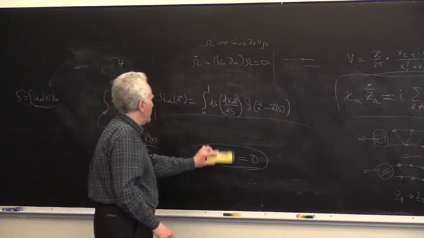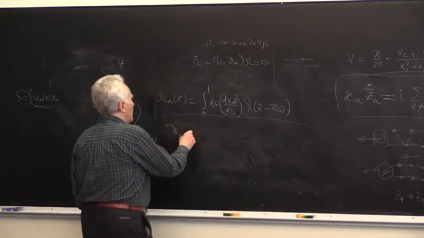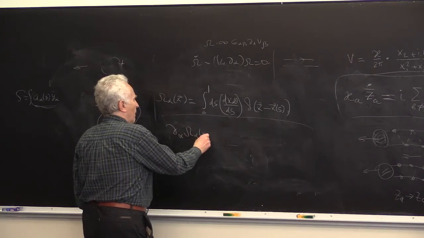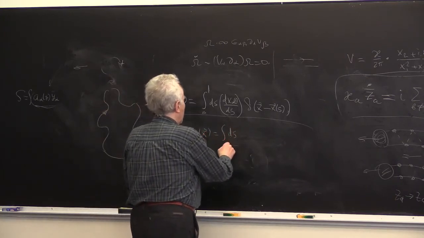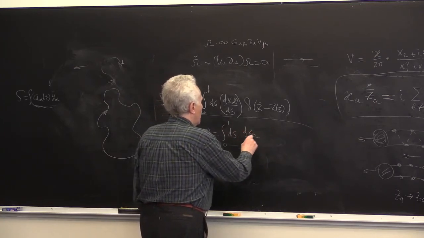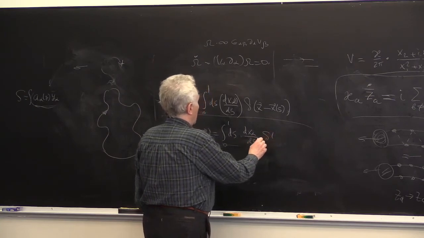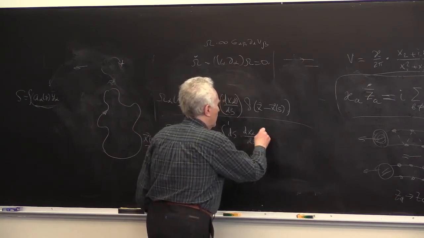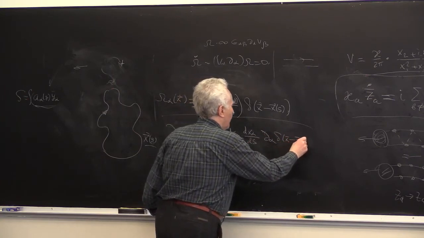It is obvious immediately that if you take the divergence of this, you get the integral ds from 0 to 1, dx alpha over ds, d alpha, delta of x minus x of s.